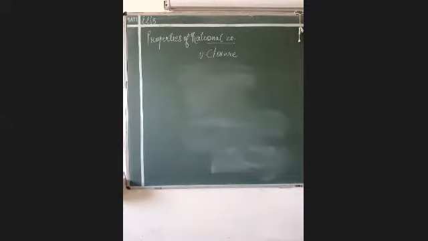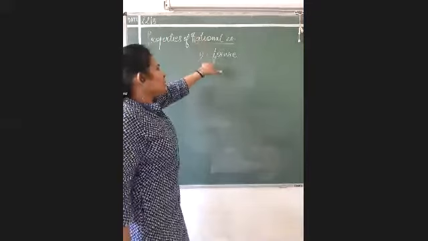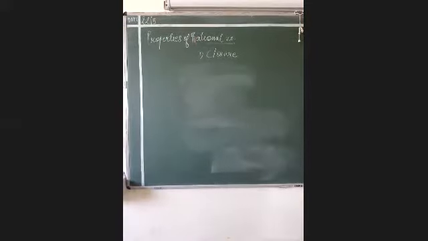Closure property says that, if you are talking about properties of rational numbers, always remember closure means when you add two rational numbers, the answer should always be a rational number.